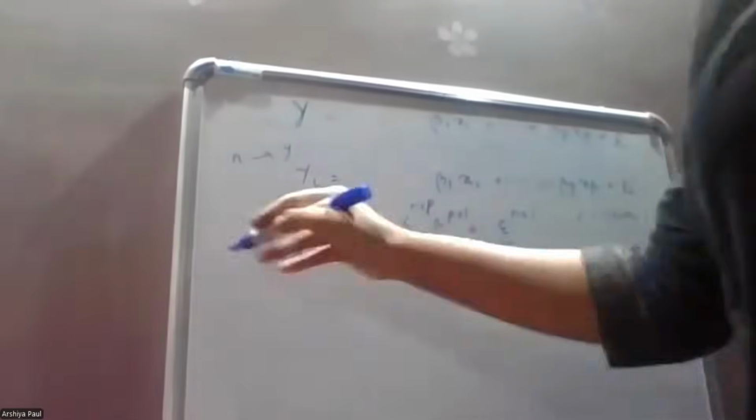This is basically the matrix form representation of this linear model. So this is a Gauss-Markov model, and the assumptions are as follows.